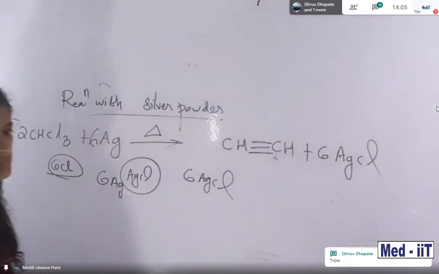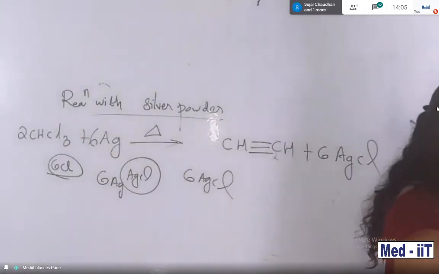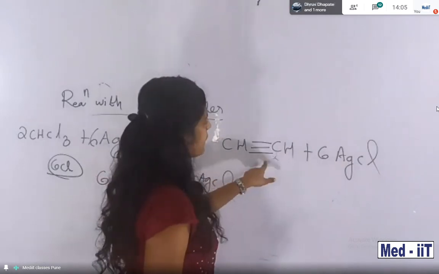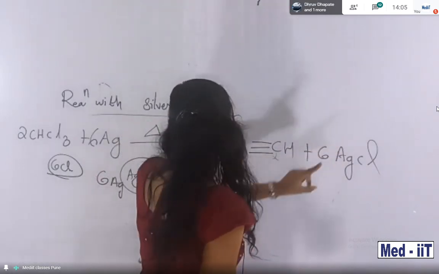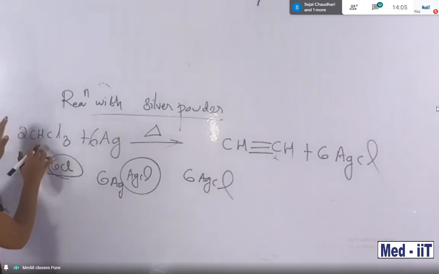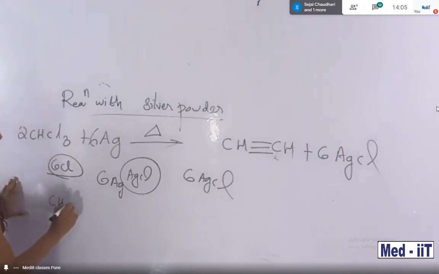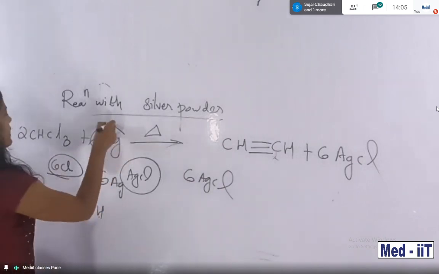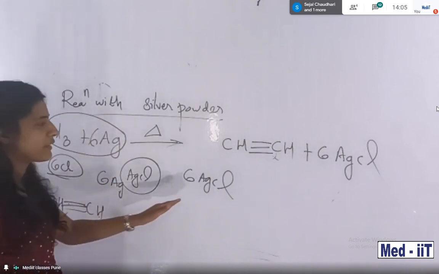Yes, Dhruv, right. So HC triple bond CH, plus 6 AgCl. The 2 CH means the same repetition of CH. Then AgCl is completely eliminated, forming 6 AgCl.